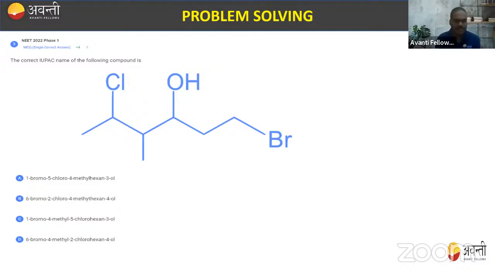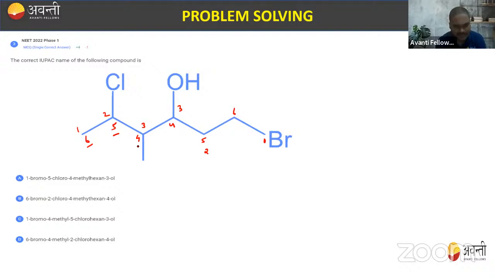Right, so you need to remember some basic rules: how will you name the carbon chain, and where does the numbering start? Always choose the chain which is longest, or which contains the functional group. So we have two options: either we start numbering from here, that is 1, 2, 3, 4, 5, and 6, or we start from here, that is 1, 2, 3, 4, 5, or 6.